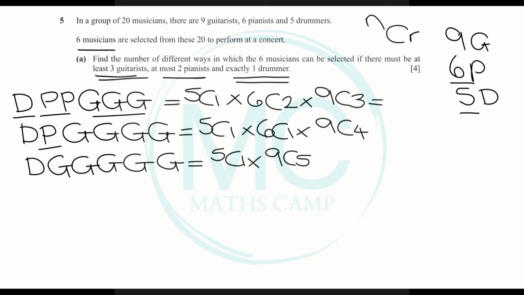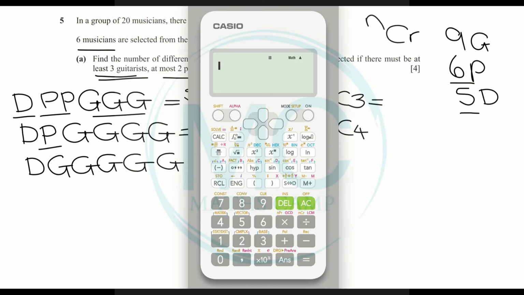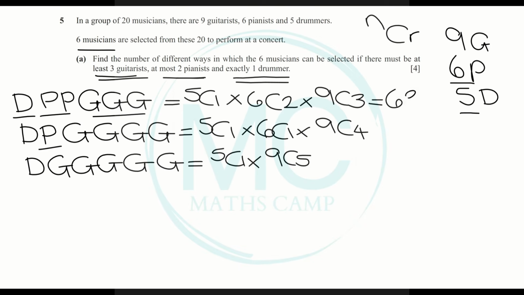Let's start with our first group. We have 5C1 multiplied by 6C2 multiplied by 9C3 is equal to 6,300. So 6,300. Let's look at our second group.